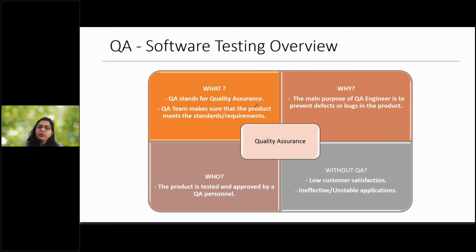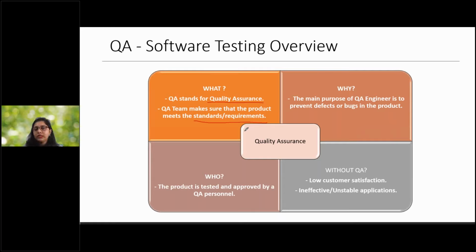So when it comes to QA, what is QA? QA is quality assurance. As part of the quality assurance team, one part of the activity is we make sure that the product meets the standards or requirements. Now, say any product. When I say product, it can be an application, a website like Amazon, Walmart, Target.com, anything.